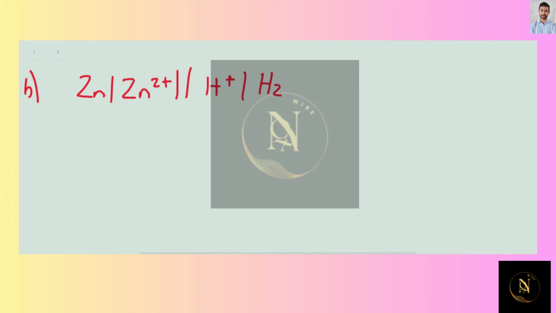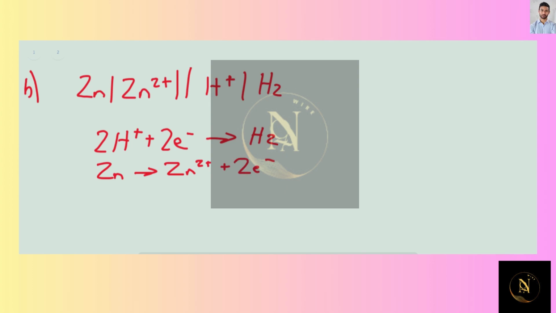So first we can write the reduction reaction, which will take place at the cathode. So we have 2 hydrogens plus 2 electrons going to produce H2. And the oxidation reaction is zinc going to zinc 2 plus and 2 electrons.